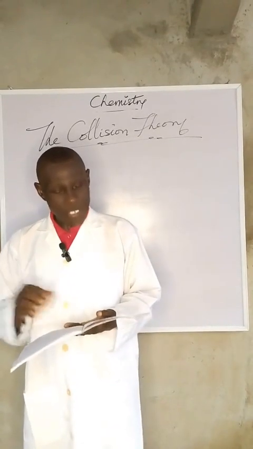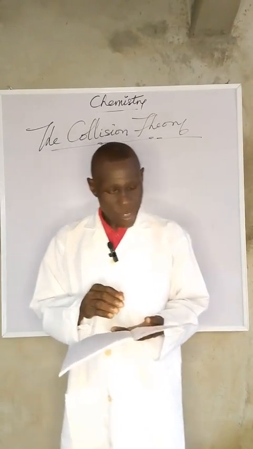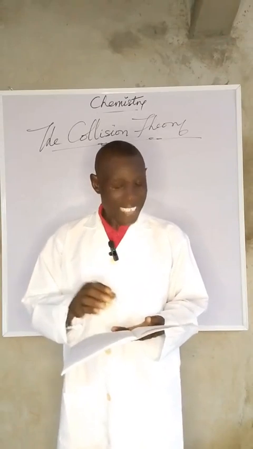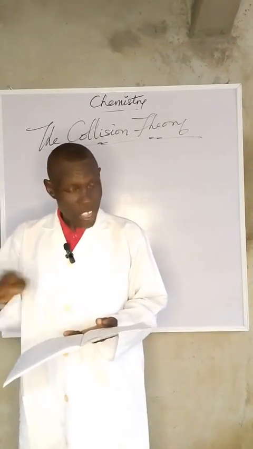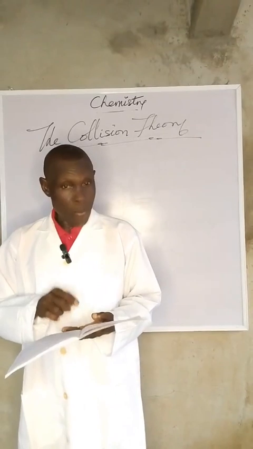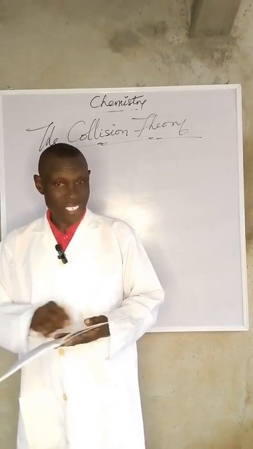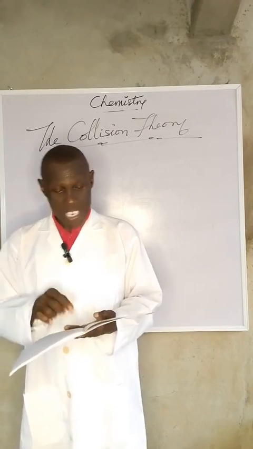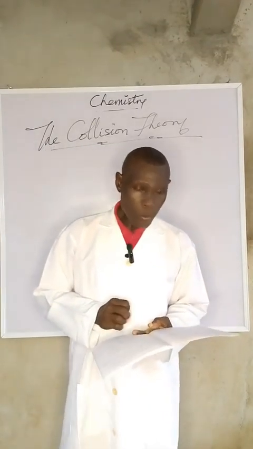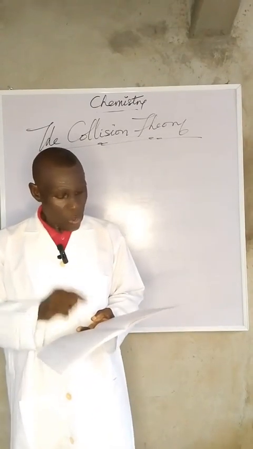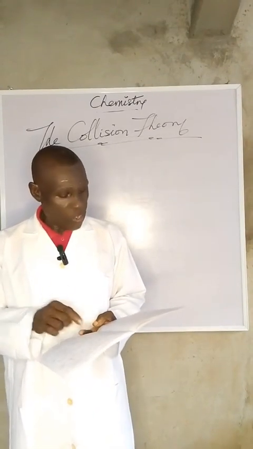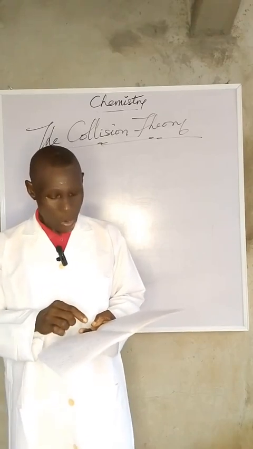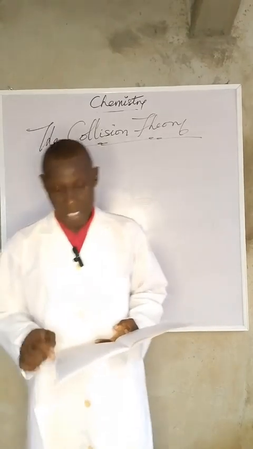This activation energy of the chemical reaction is equivalent to the energy barrier, which must be overcome first before the bonds of these particles are stressed and sufficiently broken to enable the reaction to take place. So therefore, reaction occurs if the energy of the colliding reactant particles is equal to or more than the activation energy.